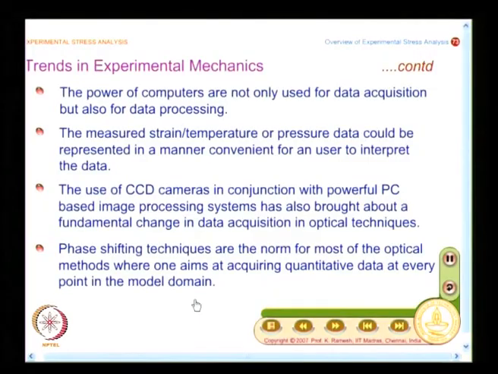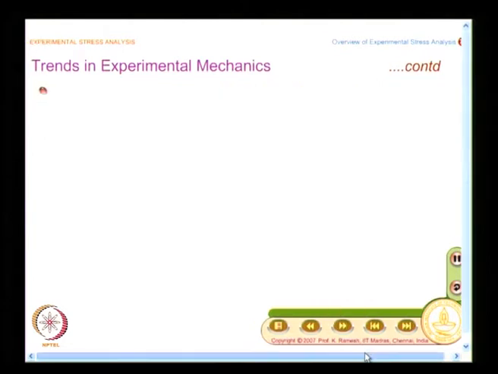With high speed cameras, it is also possible to record dynamic events. With appropriate optics, you could record multiple images. So, technology has really advanced with the development of computers, and experimental methods have taken full advantage of it. So, this is the positive side of it. What is the other aspect?